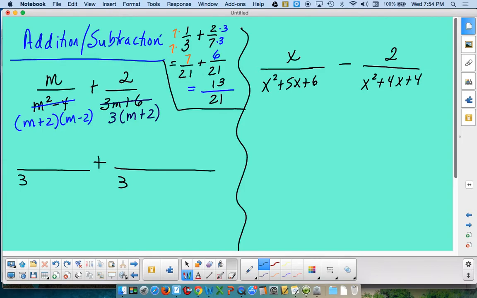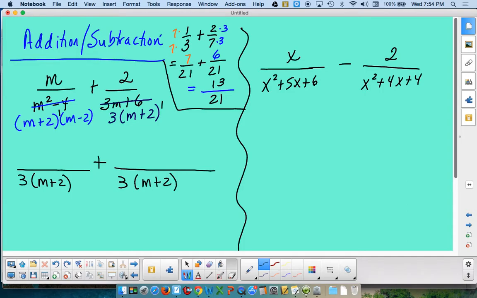Here's where we mess it up. I see that I need an m plus 2. The question is, do I need m plus 2 once or m plus 2 twice? It's the most you see in one fraction. There is one m plus 2 in the first fraction. There is one m plus 2 in the second fraction. So you put one of them in your common denominator. You do not put both.